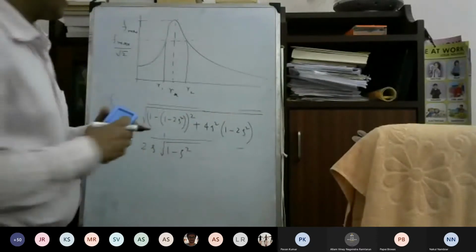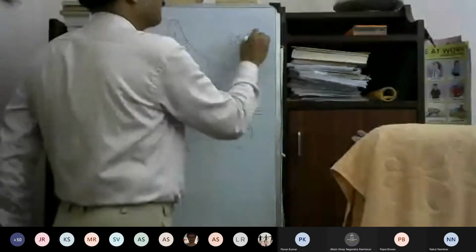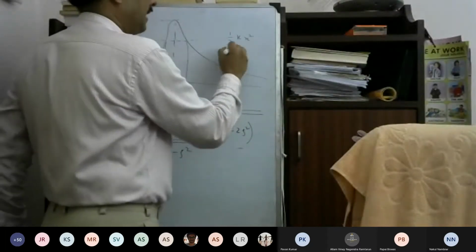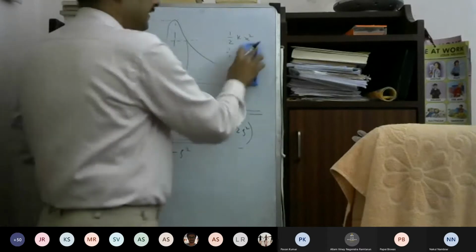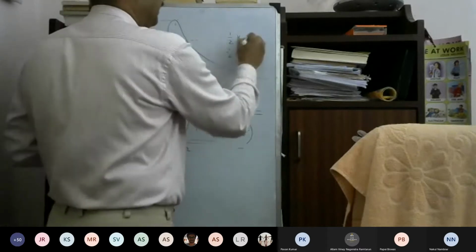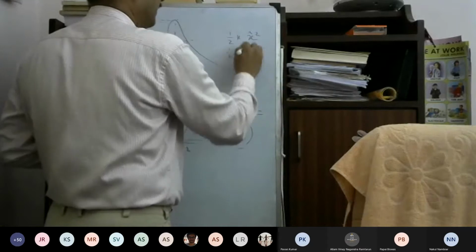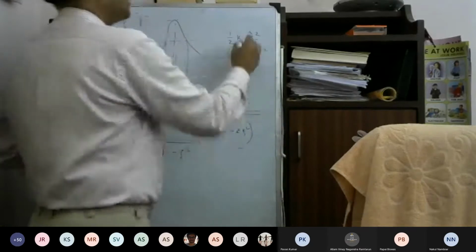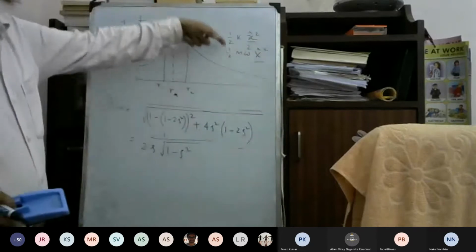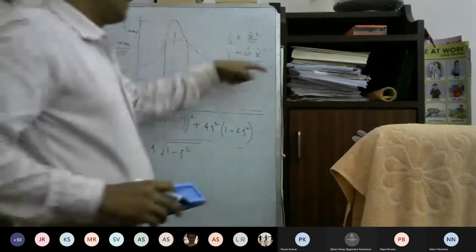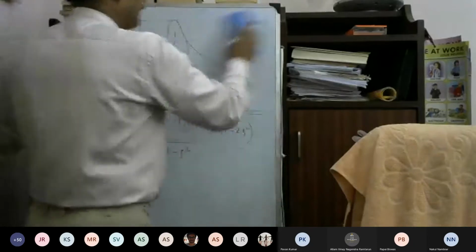Potential energy will be half k x square, for example, and kinetic energy will be half m x dot square. Everywhere you get x hat square, or omega square x hat square, and so on. So everywhere you will get the square of the amplitude in the energy term, and also in the power term.